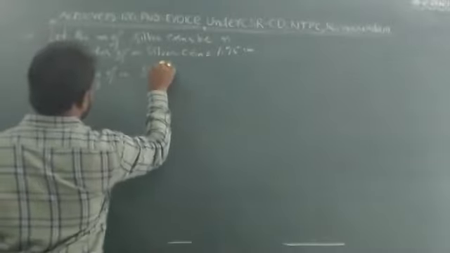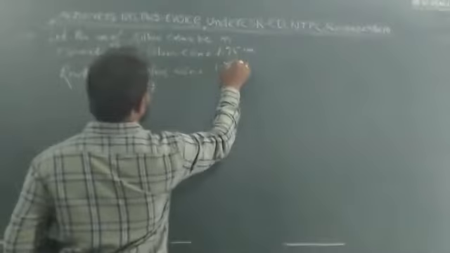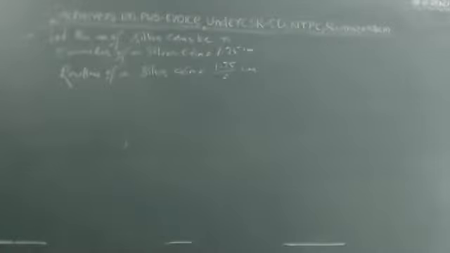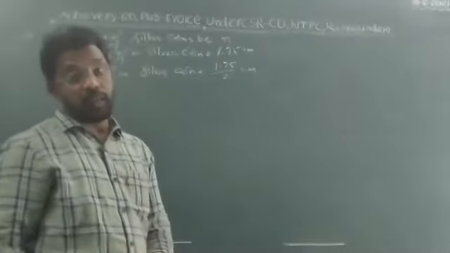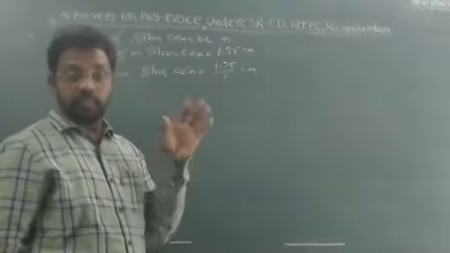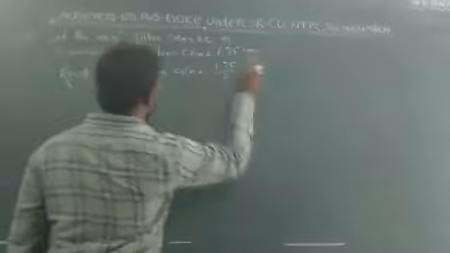Radius of silver coin is 1.75 by 2. Just don't calculate again. Just 1.75 by 2. Don't divide by 2 to get 0.875 something. Please avoid doing like that. Just remain like this, 1.75 by 2.